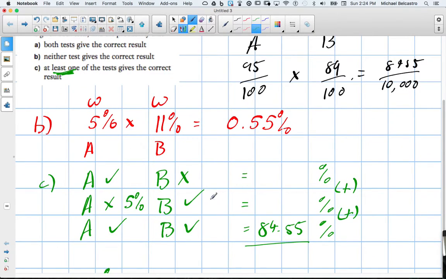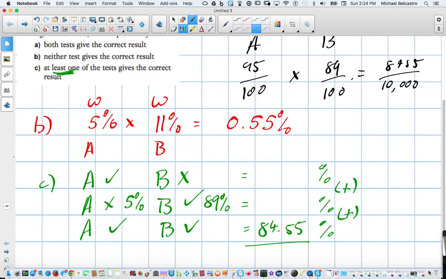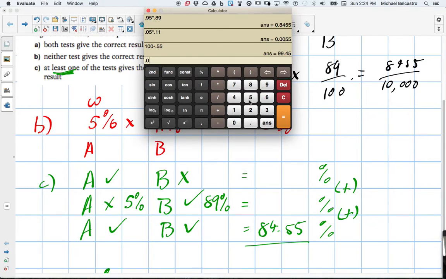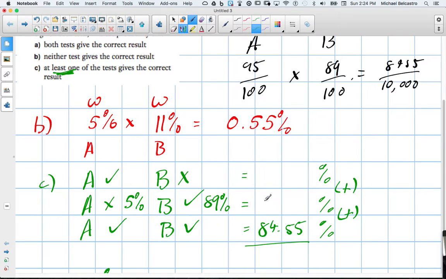The probability of B being right is 89%. We can multiply those two to find another percentage. So 0.05 times 0.89 gives us a 4.55% chance. So this probability gives us 4.55% when we've multiplied 5% times 89.